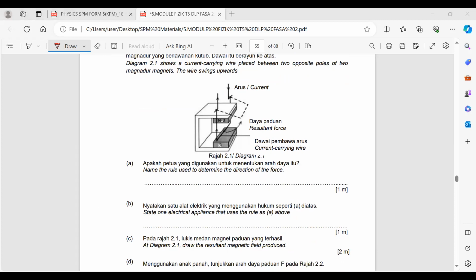So it will be the left hand rule. Continue. State one electrical appliance that uses the rule as in A above. Oh, this one you have to go out of the box to think.